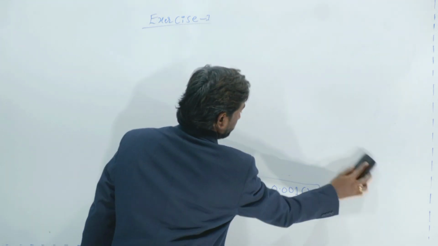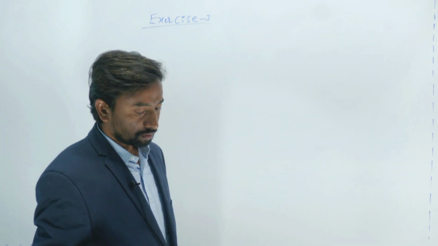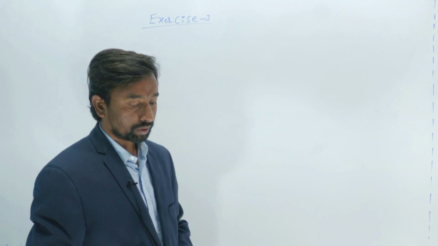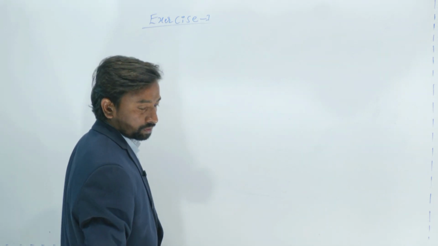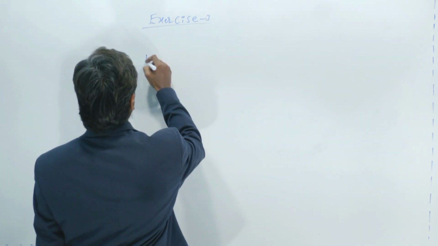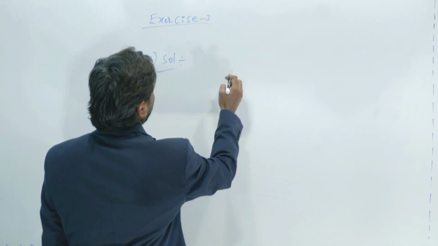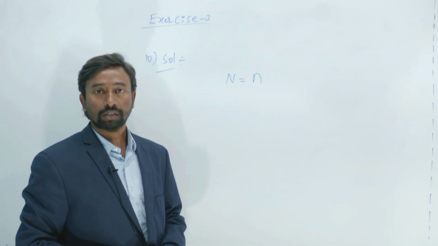In the 10th one, it is given that the thimble of the screw gauge has n divisions engraved on it. That means the number of divisions on the circular scale is small n.